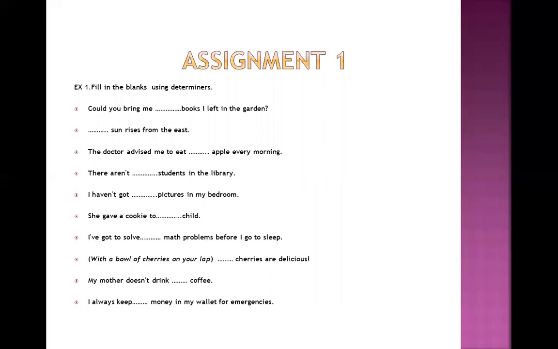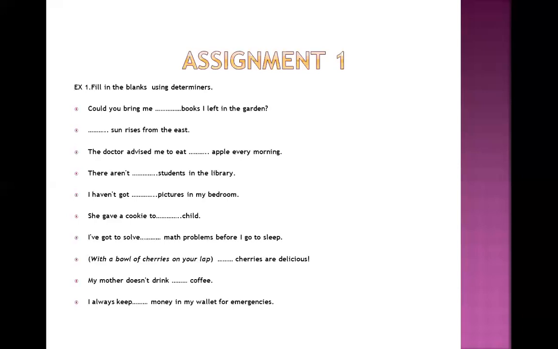It always comes before a noun, telling us something more important about it. A determiner works like an adjective because both are used to modify nouns.